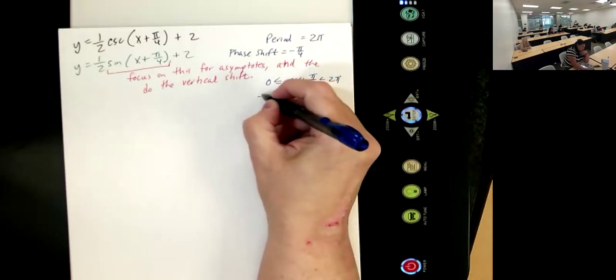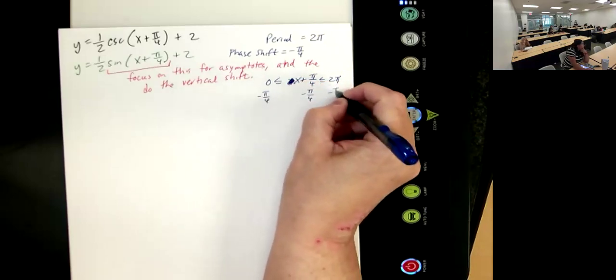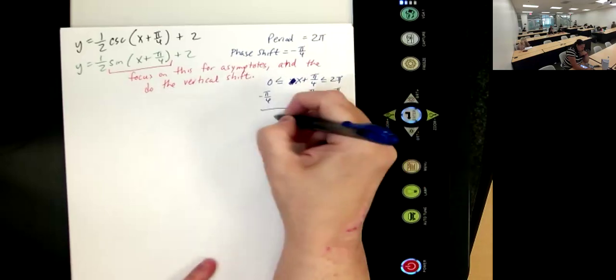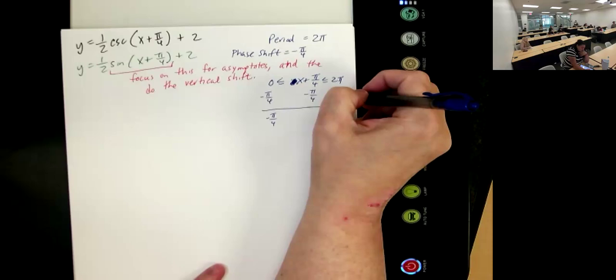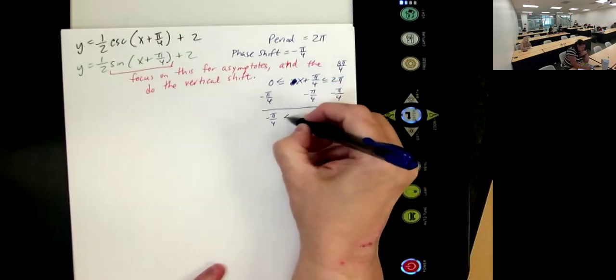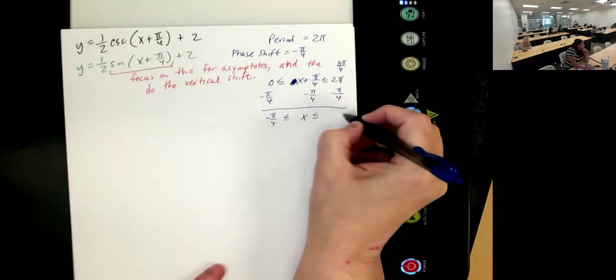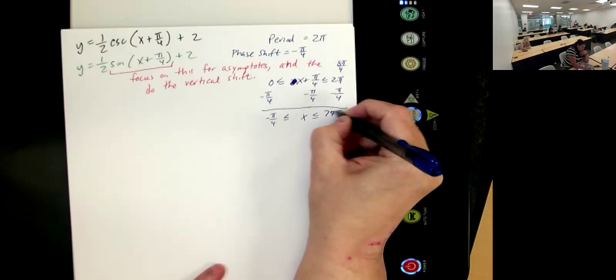And if we subtract pi over 4 from everywhere, we get negative pi over 4. 2 pi in terms of pi over 4 is 8 pi over 4, so that when I subtract, it gets a little bit easier. Subtracting pi over 4 from 8 pi over 4 gives me 7 pi over 4.